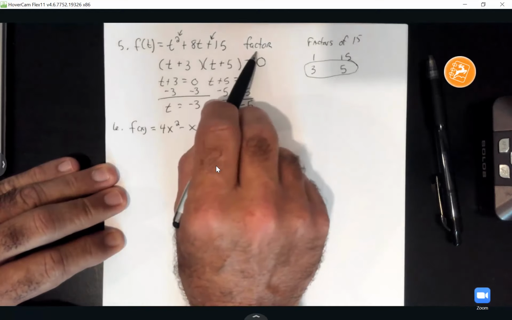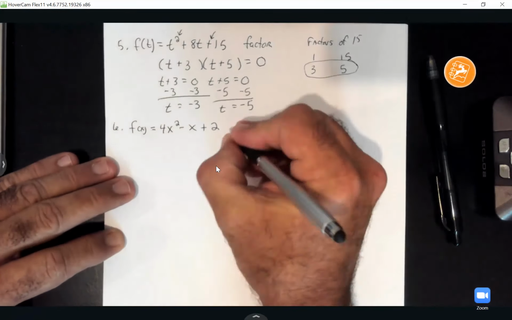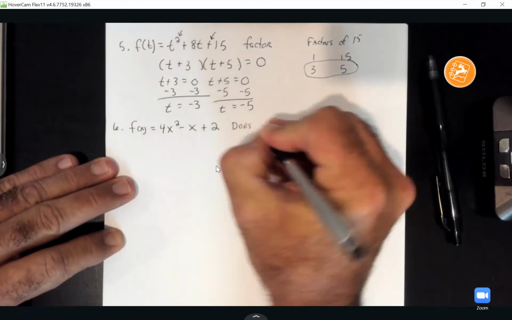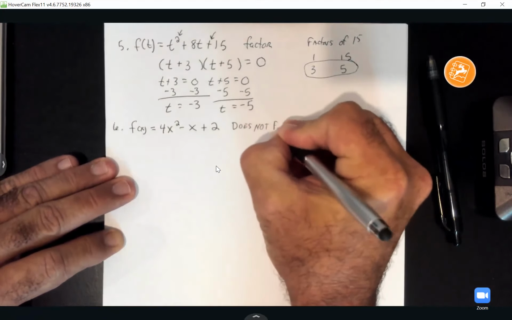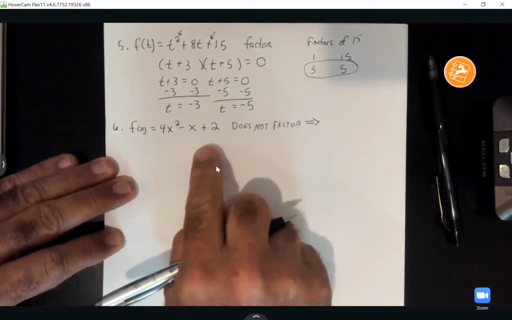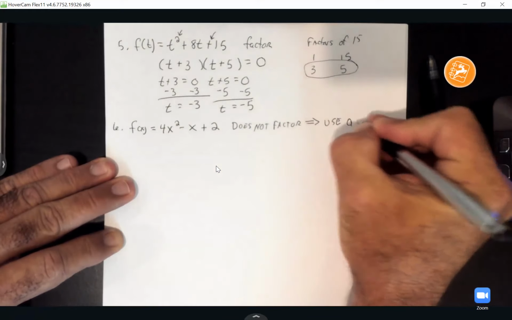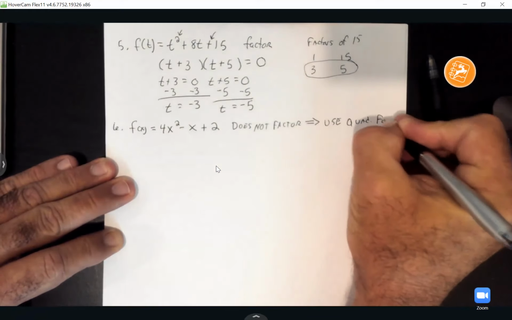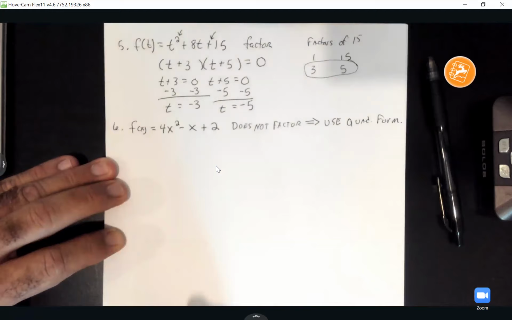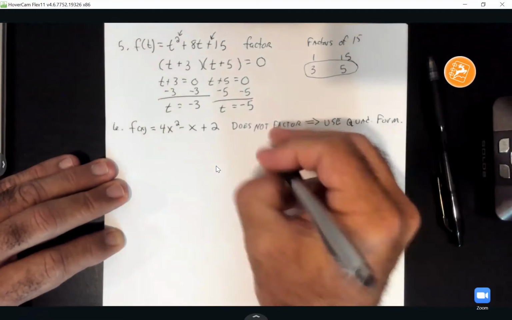Everybody's number 5 will factor, but number 6 will not factor. So this one does not factor, which means to solve this one, we got to use the quadratic formula. So we're going to use our quadratic formula.